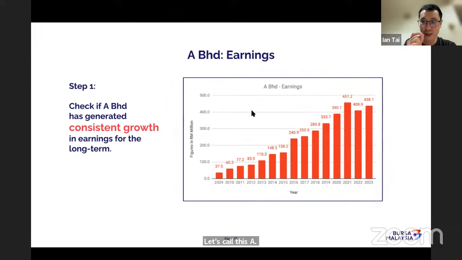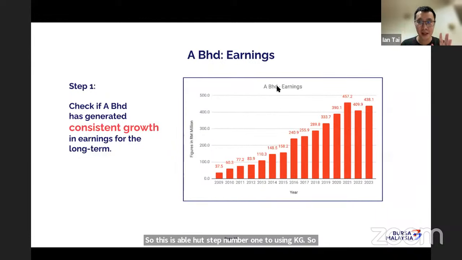Step number 1 to using CAGR. Now the purpose of using CAGR, let me give you the context. It is not so much to trade. It is not so much to speculate. Whatever is being presented here is always presented in the context of a long-term investor, which means we are buying into businesses.